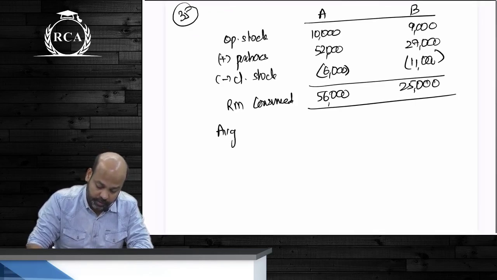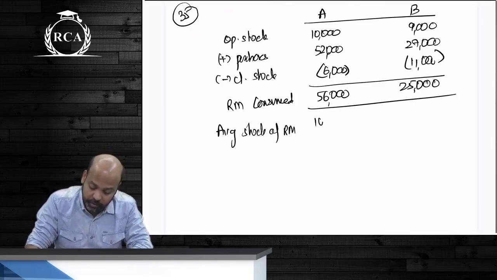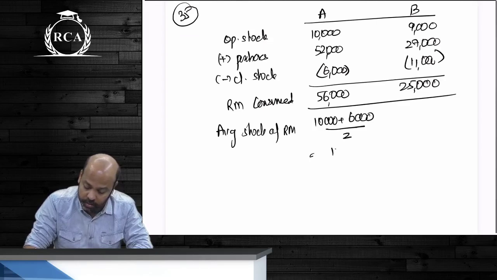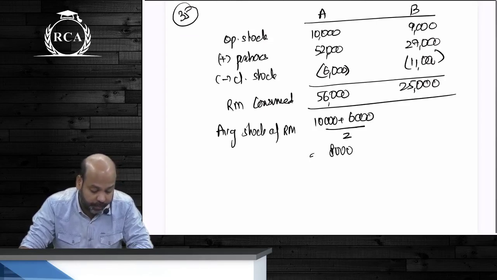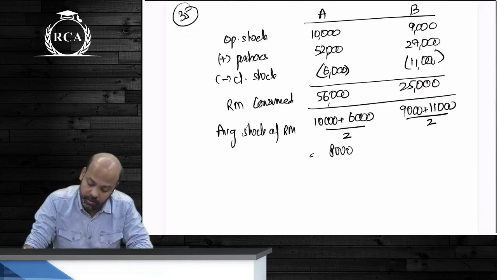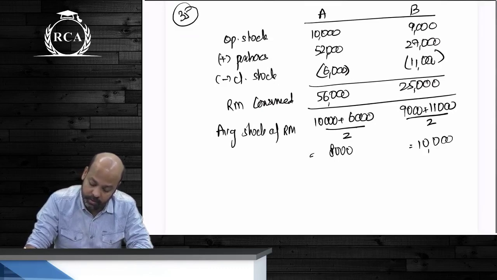Then you write average stock of raw material, which will be opening stock plus closing stock divided by 2, 8,000, and here guys it will be 9 plus 11 by 2, 10,000.